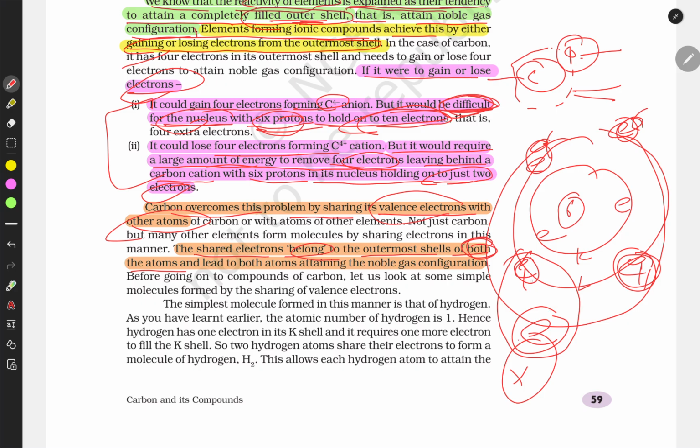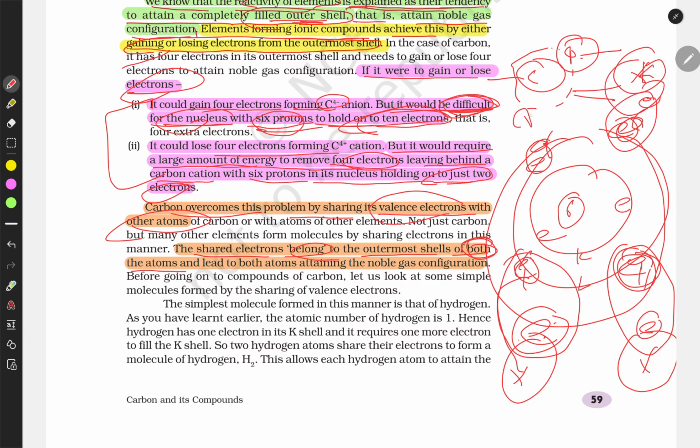So it needs 4 X atoms to make the octet complete. One from each, so it gets the 4 electrons total in the outer shell.